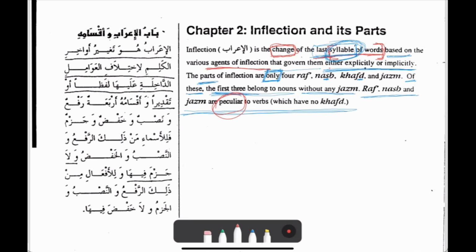For example, in Arabic, the verb yaktubu, he writes, changes to lam yaktub, he did not write, in the jussive form by removing the final dhamma and adding a sukoon.